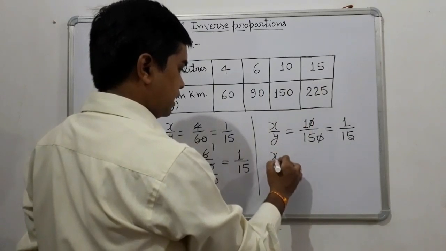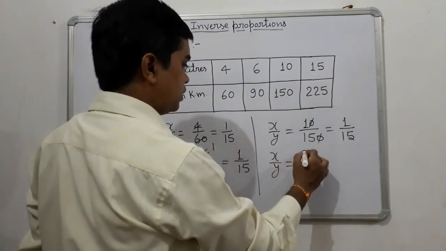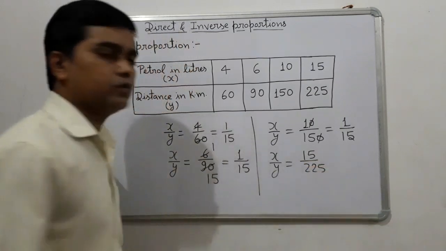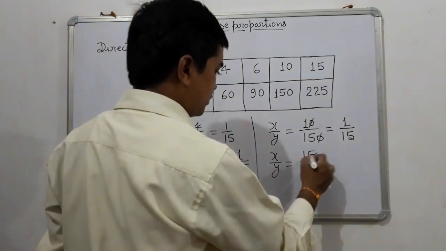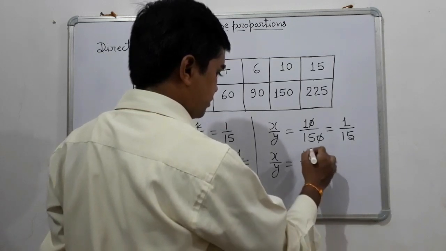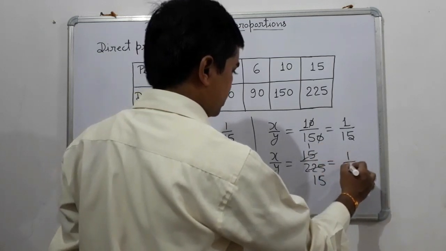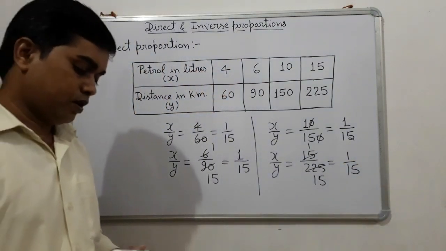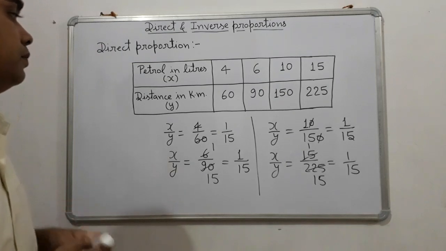Similarly, for the last case, x upon y is equal to 15 upon 225. So what will we get here? 15 one times 15 and 15 fifteen times 225. So it means the value of x upon y is coming 1 upon 15. So what are we seeing here?